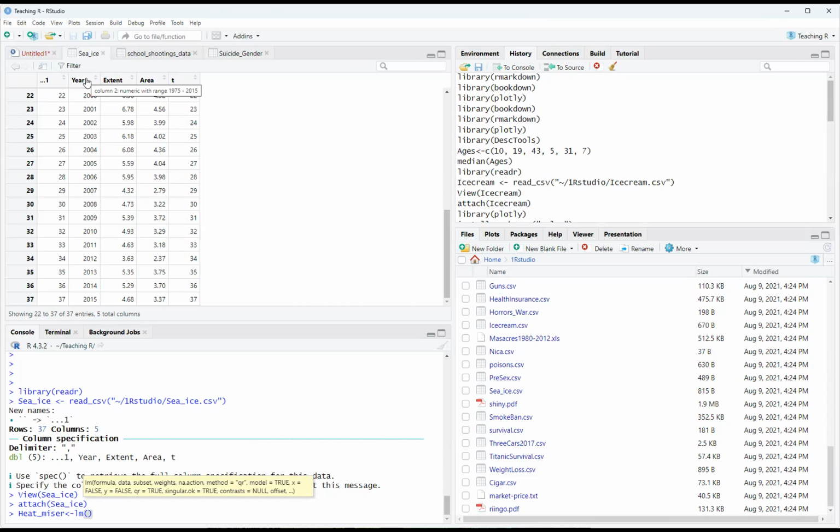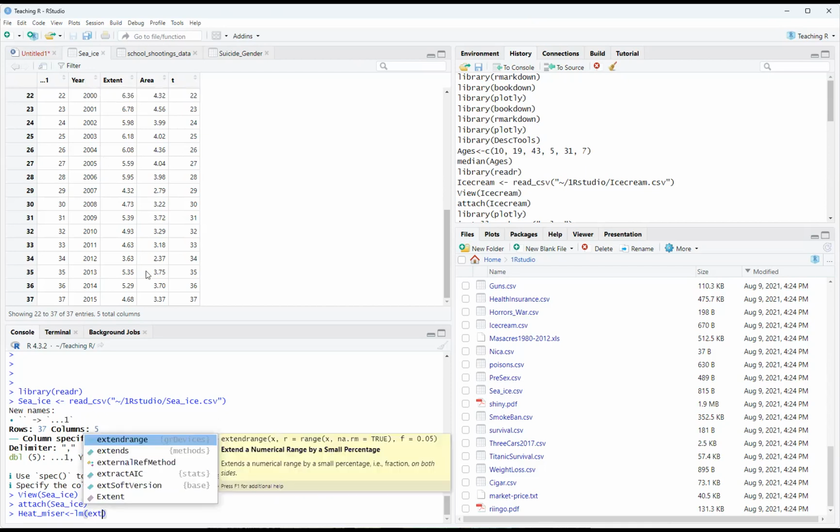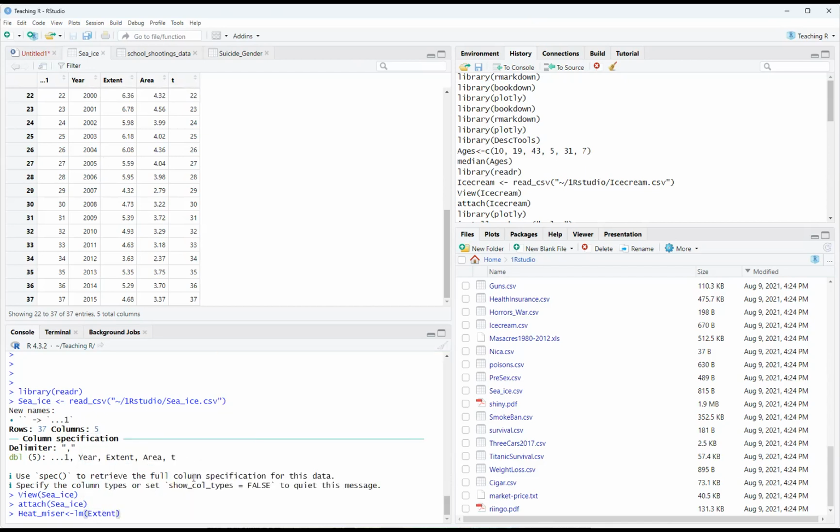So let's take a look at extent, right? You get that extent. Then we're regressing it, tilde up there, with year. Oops. Look at all the years there. Don't get confused. I better know I'm doing the right year.